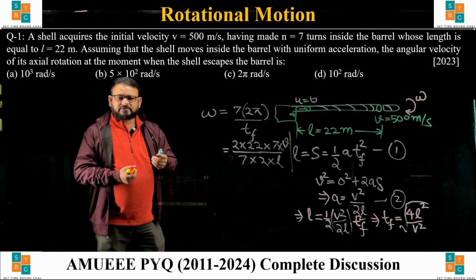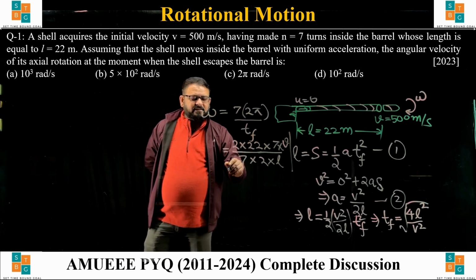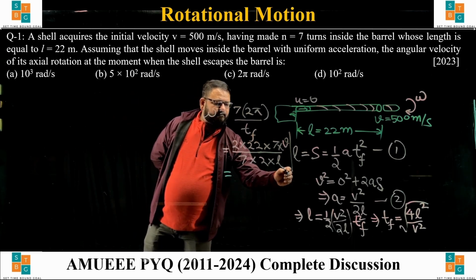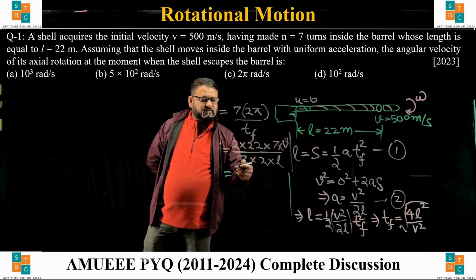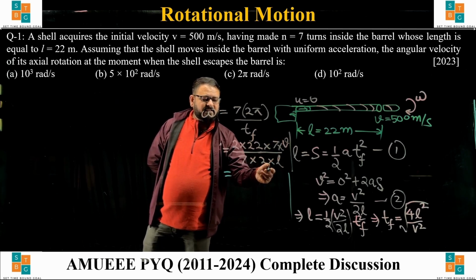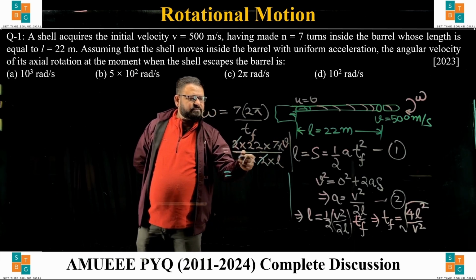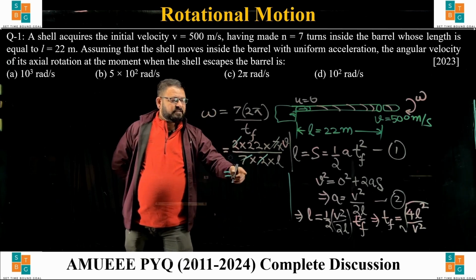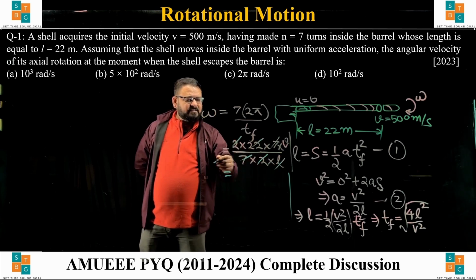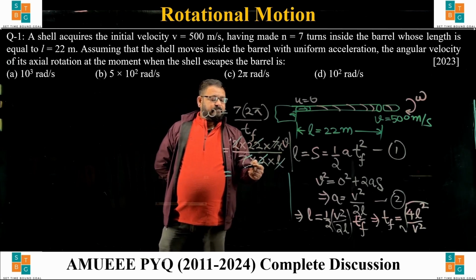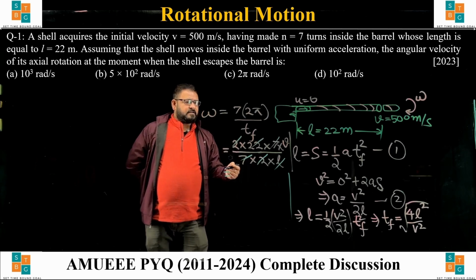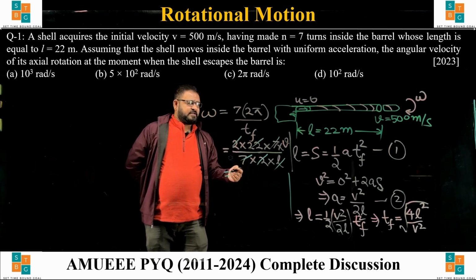Now let us plug in the values. As we know, L is 22, so 7, and L is 22, so L and this is gone. And how much does remain?